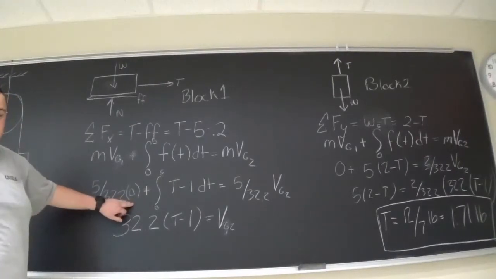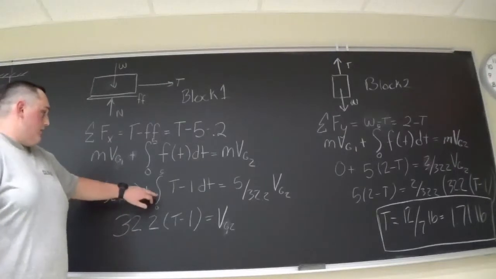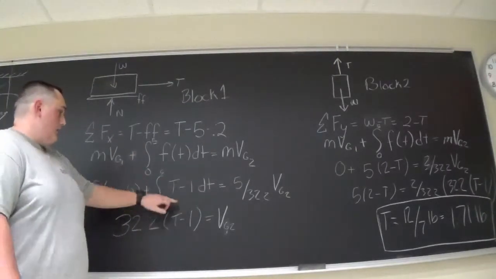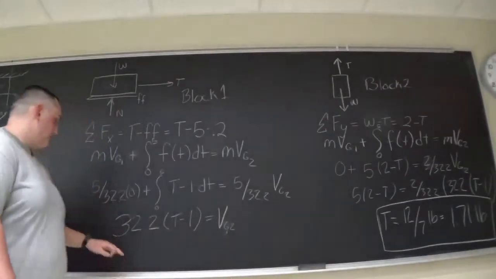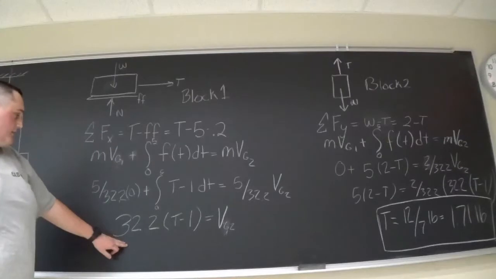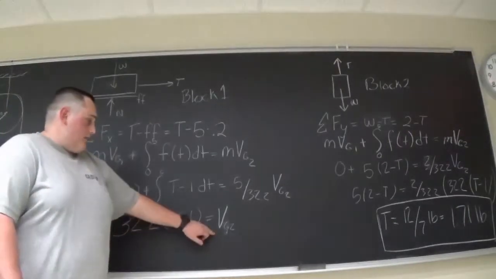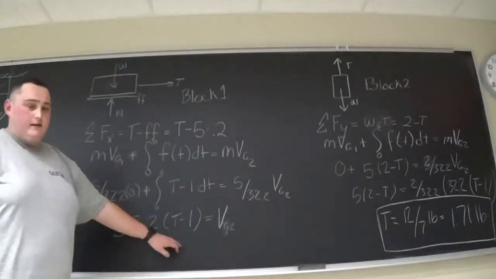Since it started from rest, that equals 0. And then the force we found earlier, T minus 1, times 5 equals the mass times velocity 2. We get this relationship: 32.2 times 5 times (T minus 1) over 5 equals the velocity at 2. And we have 2 unknowns, so we need another equation.